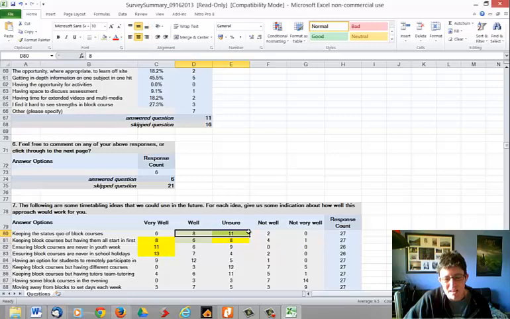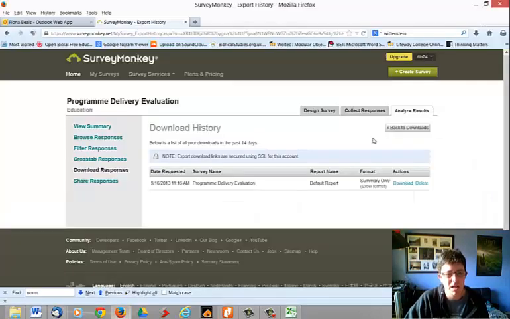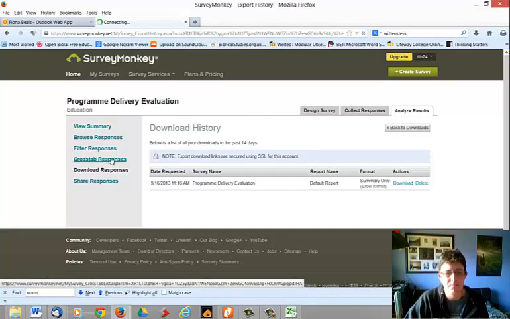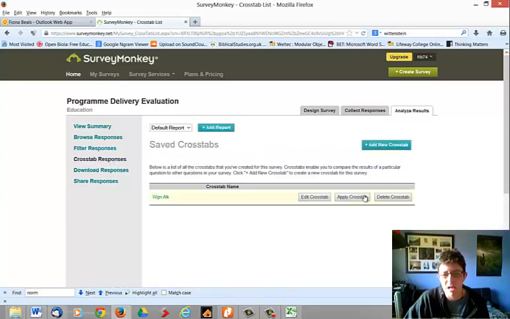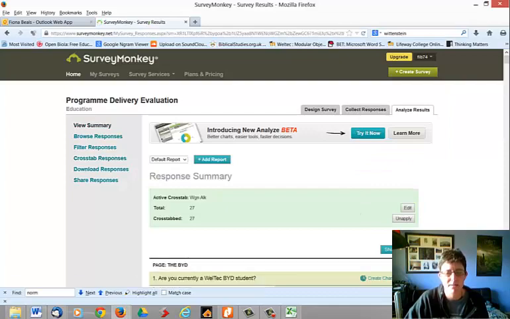And actually, there's something not quite right about block courses, and it's indicated in the other comments that part of it is keeping that regularity of things going. But moving away from block courses would be a really silly idea. So then we get down to this, back to SurveyMonkey, and we'll go back to the cross tab and we will apply it, and we'll view all pages.